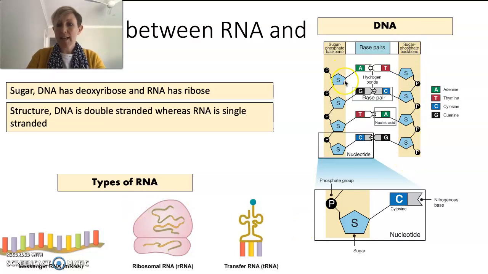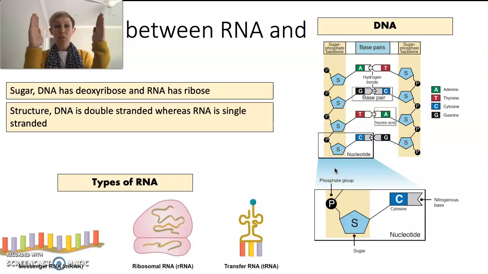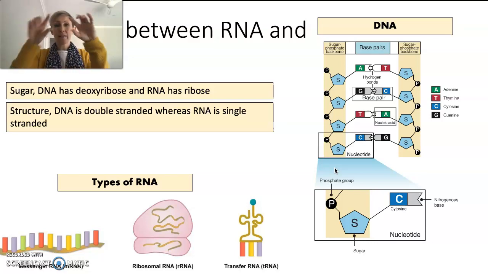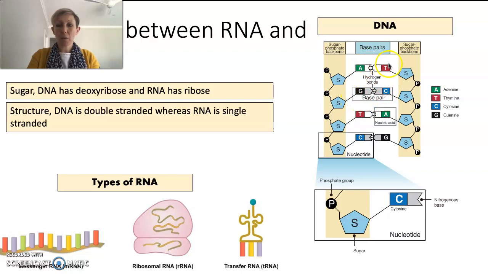Now, your DNA, as you'll remember from your core science, is double-stranded, anti-parallel, and the side posts of the ladder, as we tend to describe it, are made up of the sugar phosphate, and the rungs of the ladder are made up of nitrogenous bases. So you'll see those here. Now we've got our adenine pairing with thymine and our guanine pairing with cytosine. We call the pairing of those nitrogenous bases complementary base pairing.